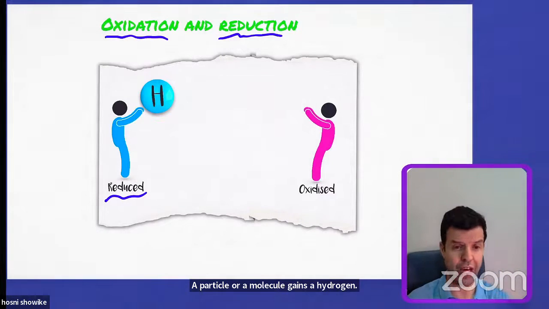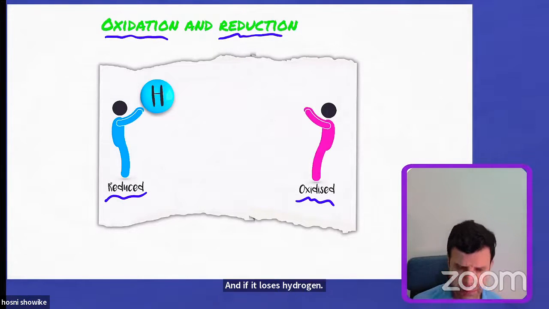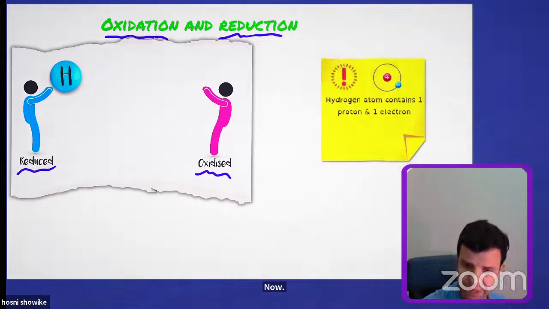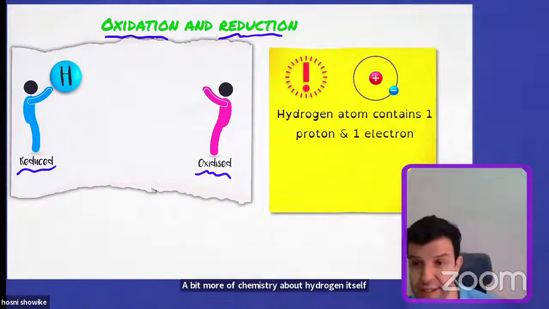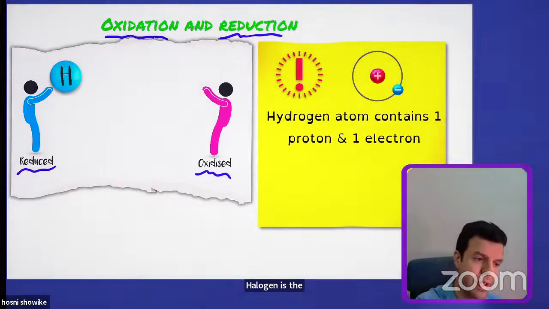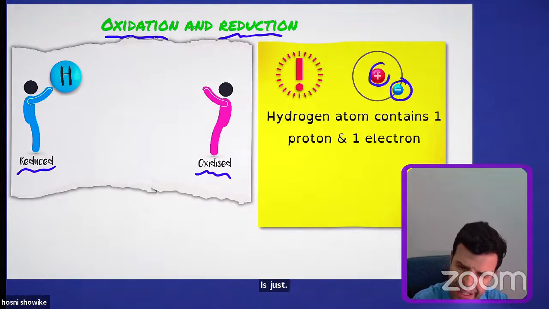And if it loses hydrogen, what will I say? I'll say it's been oxidized. Now, a bit more chemistry about hydrogen itself. Hydrogen is the simplest element in the universe because a hydrogen is just an electron and a proton.